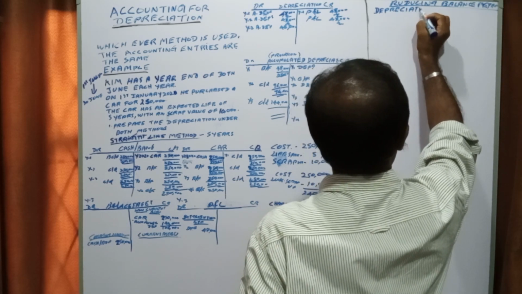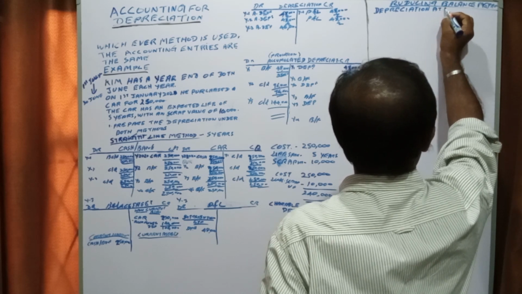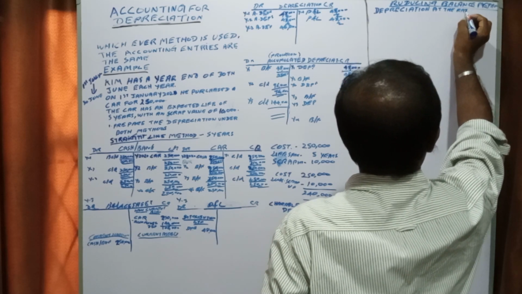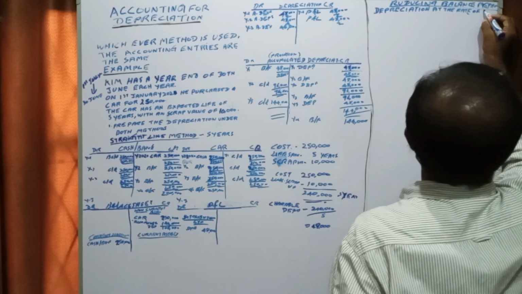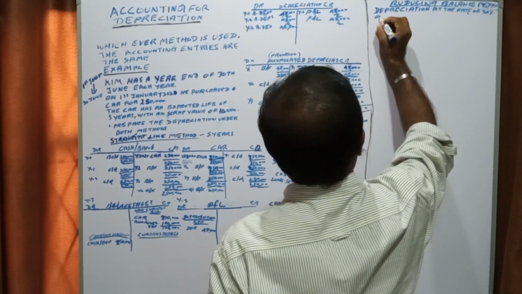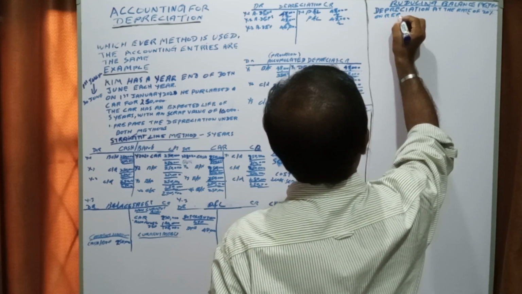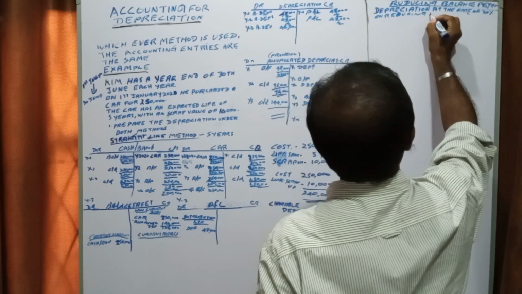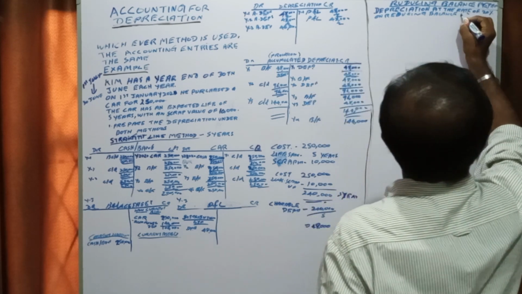Depreciation at the rate of 20% on reducing balance method.